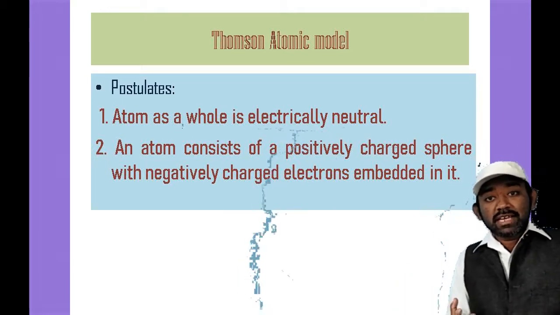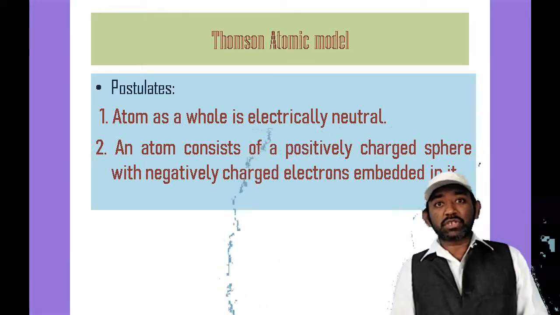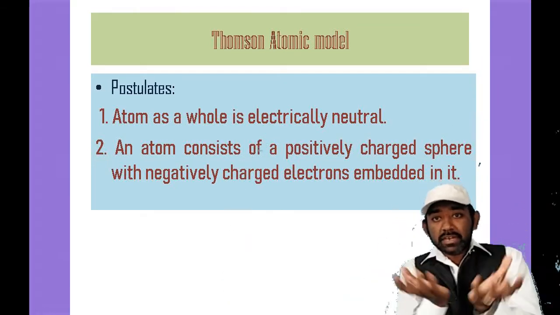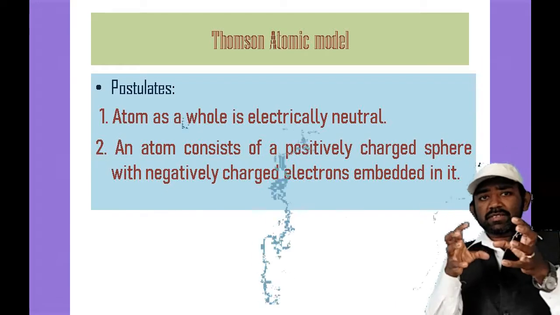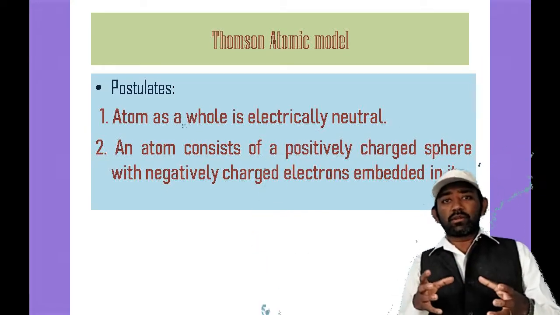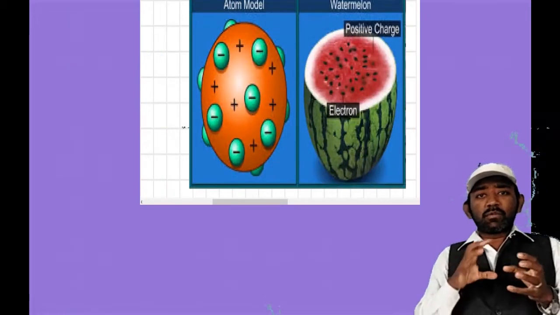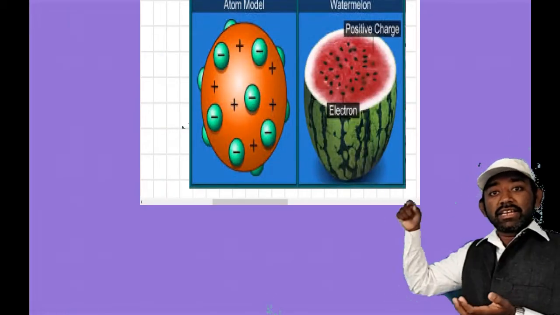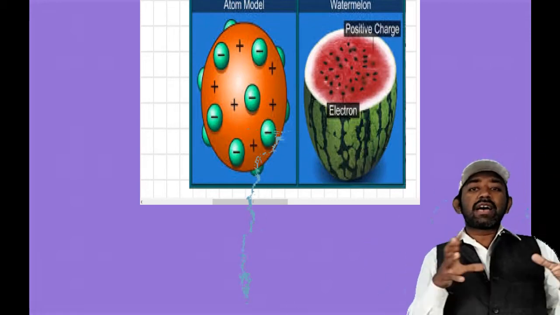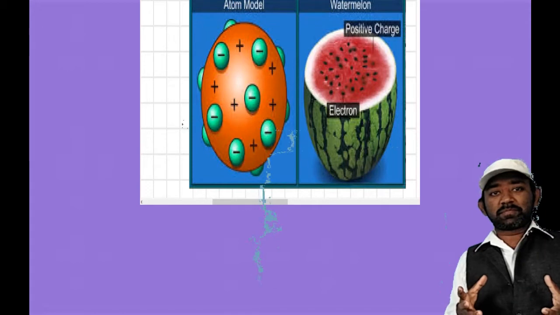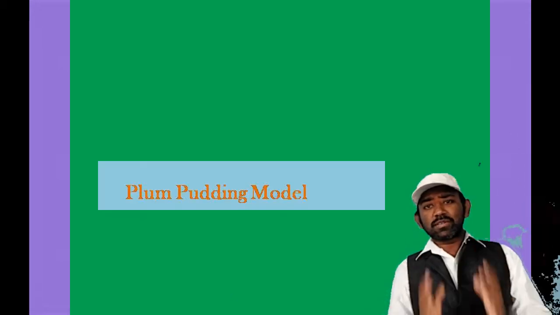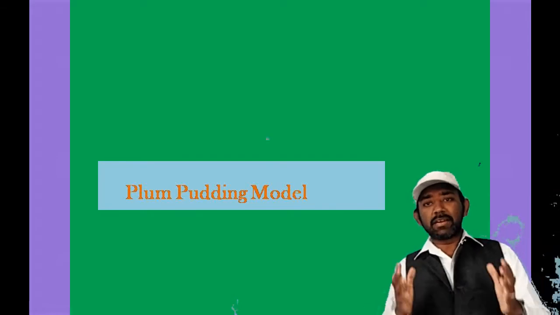Next, an atom consists of a positively charged sphere with negatively charged electrons embedded in it. The Thomson atomic model is compared with a watermelon: the seeds are the negatively charged particles and the red part is the positively charged part. That is why the J.J. Thomson model is also known as the plum pudding model.